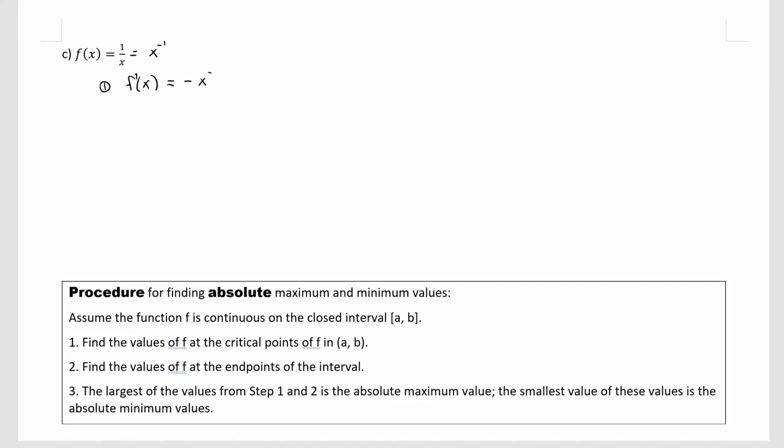So it's negative x to the negative 2. Okay, so we have numerator and denominator. The numerator won't be 0, so we set the denominator to 0. So then x is 0. So this actually corresponds to f prime does not exist.